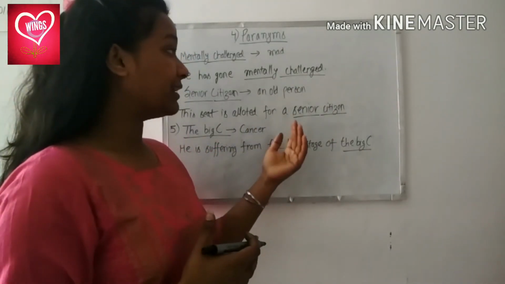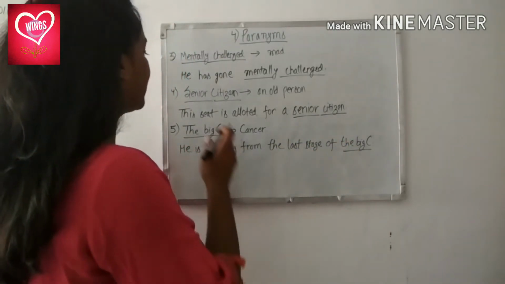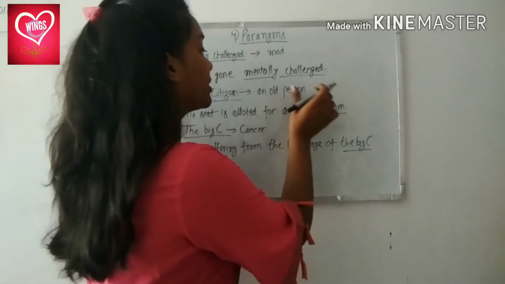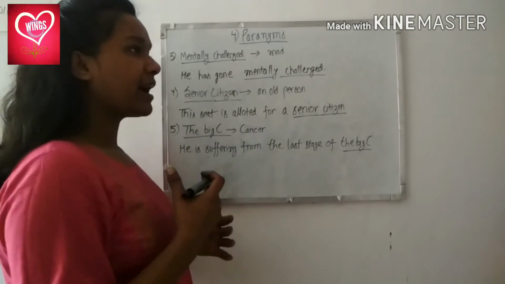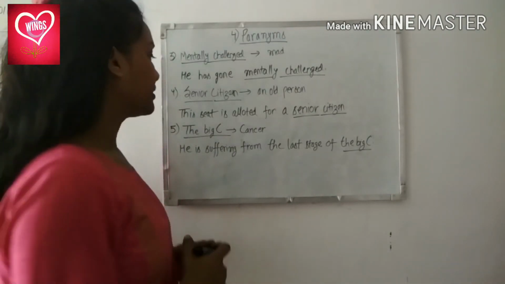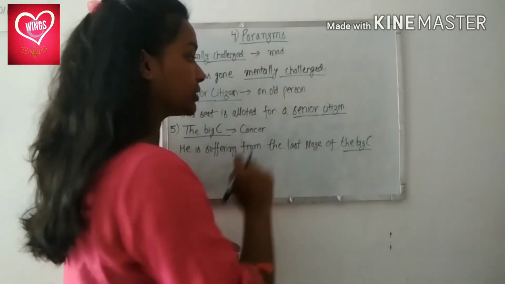It is less rude, less harsh. And the fourth one is senior citizen. That means an old person. Senior citizen is polite and less harsh. This seat is allotted for a senior citizen.